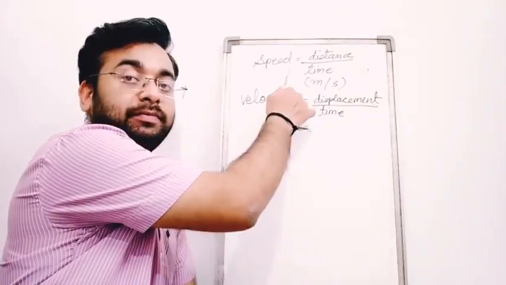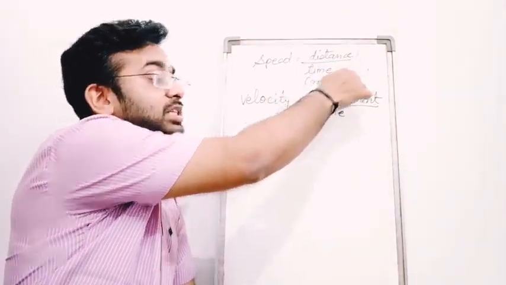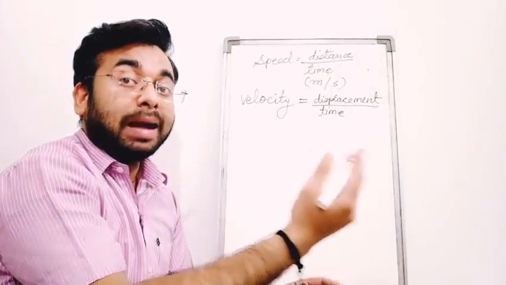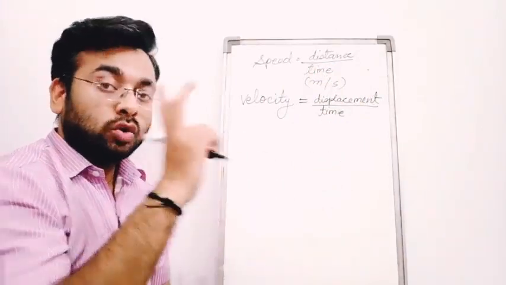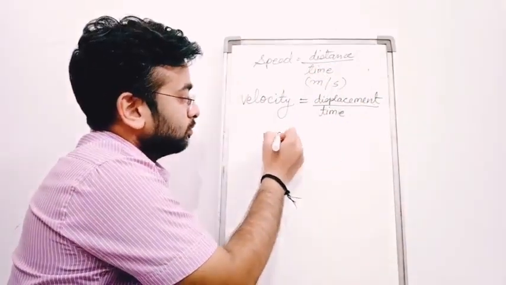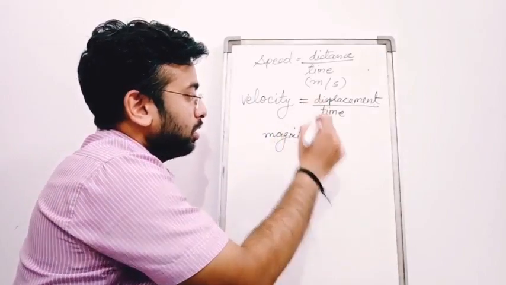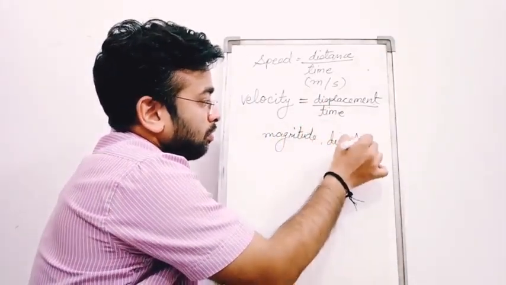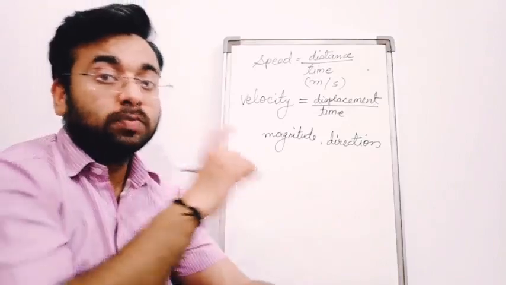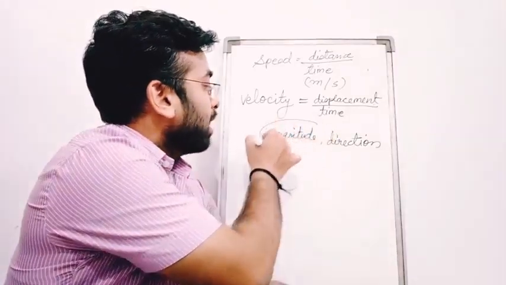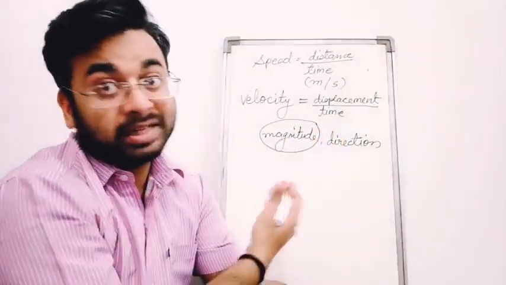In speed, we have distance, that is only the magnitude. So there are two terms, that is magnitude and direction. In speed, we only know magnitude, but there is no direction given.